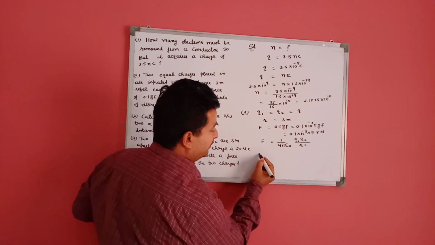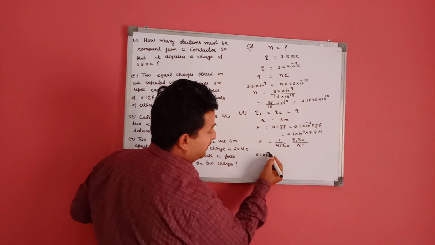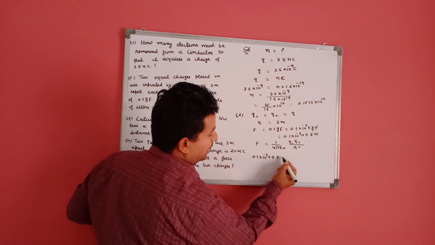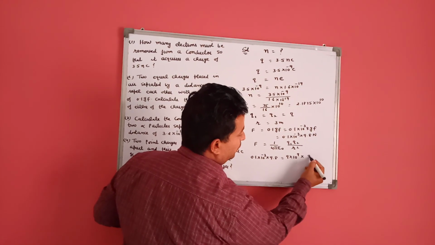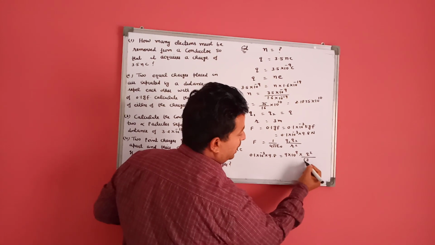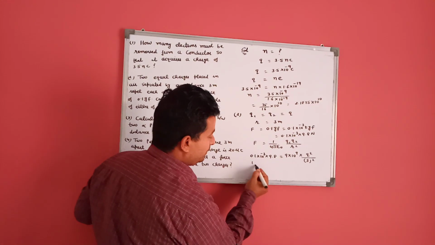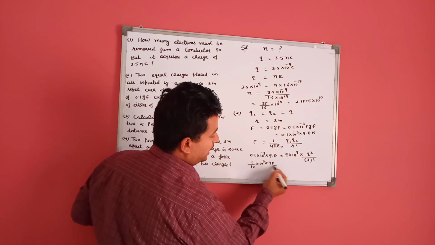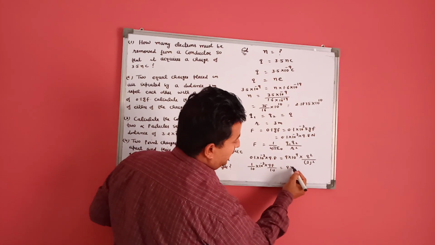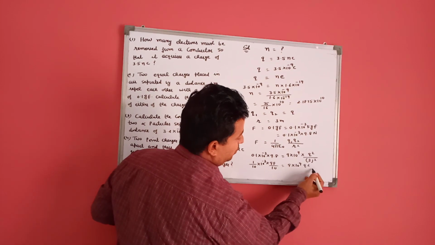In this, put the value of F, which is this, and 1 by 4 pi epsilon naught, which is a constant, Q1 Q2 is Q square, R is 3 whole square. In this 1 by 10, remove decimal, 98 by 10, 9 into 10 to the power 9, Q square by 9.